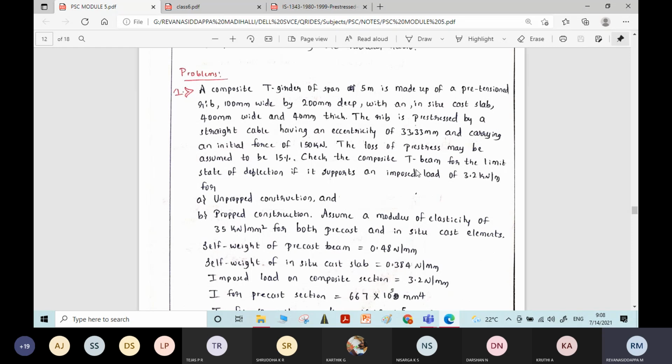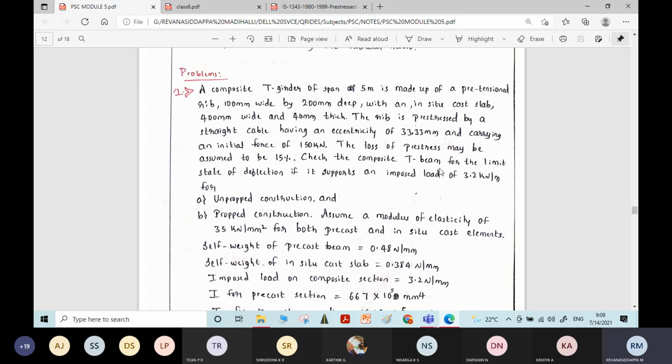Limit state of deflection means there is a limit specified for the deflection, that is span by 250. Five meter is the span given. That is the maximum permissible deflection allowed to the beam.